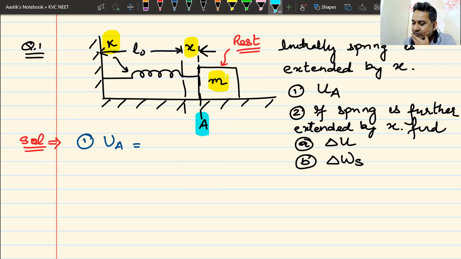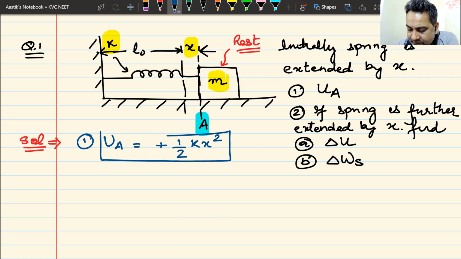We know the formula. The spring is extended by x. Whether it is extended or compressed, spring potential energy is always positive. So the answer is plus half k x squared. That is your first answer, as simple as that.